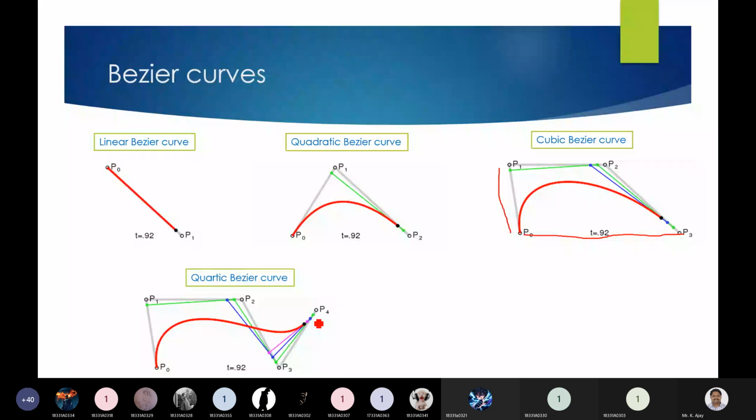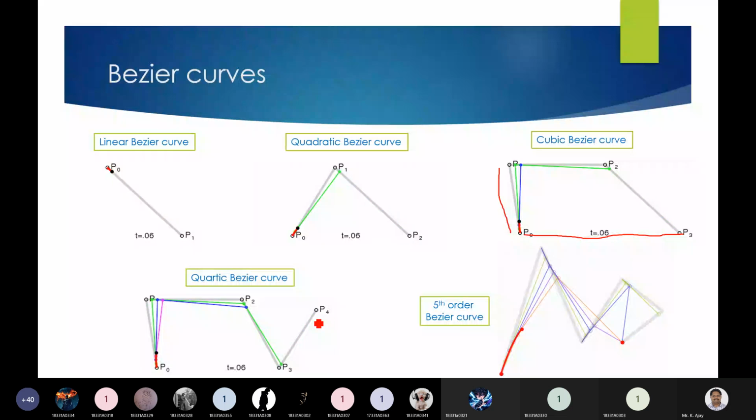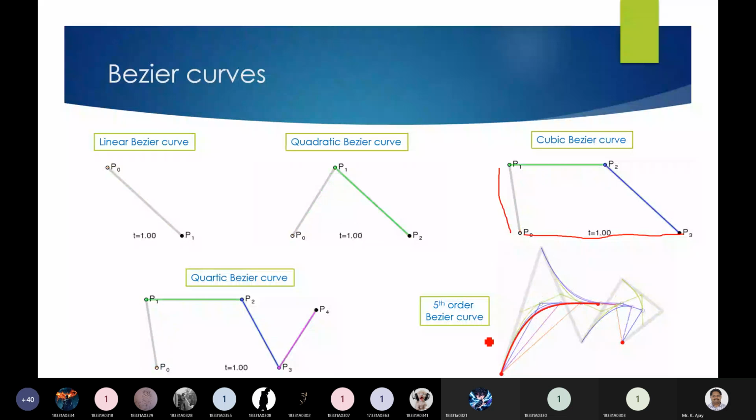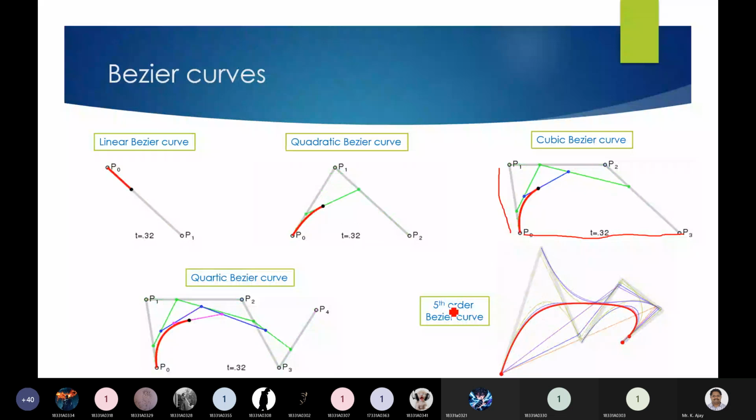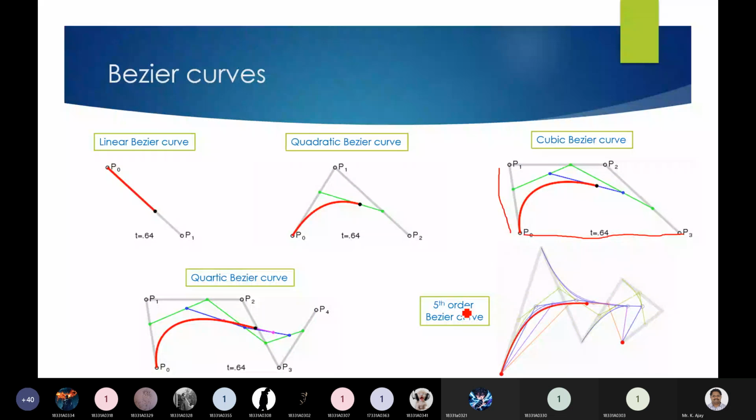And similarly, if you imagine a fifth order Bezier curve, fifth order means the highest degree of the parametric equation would be 5. But that is possible only if you take the number of control points as 6. Always the degree of the equation would be the number of control points minus 1.